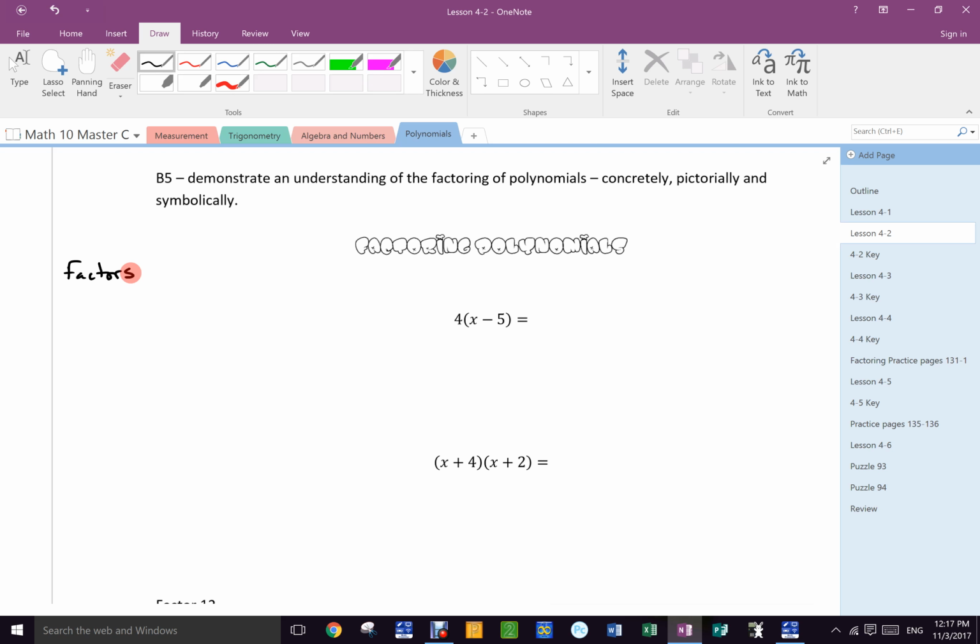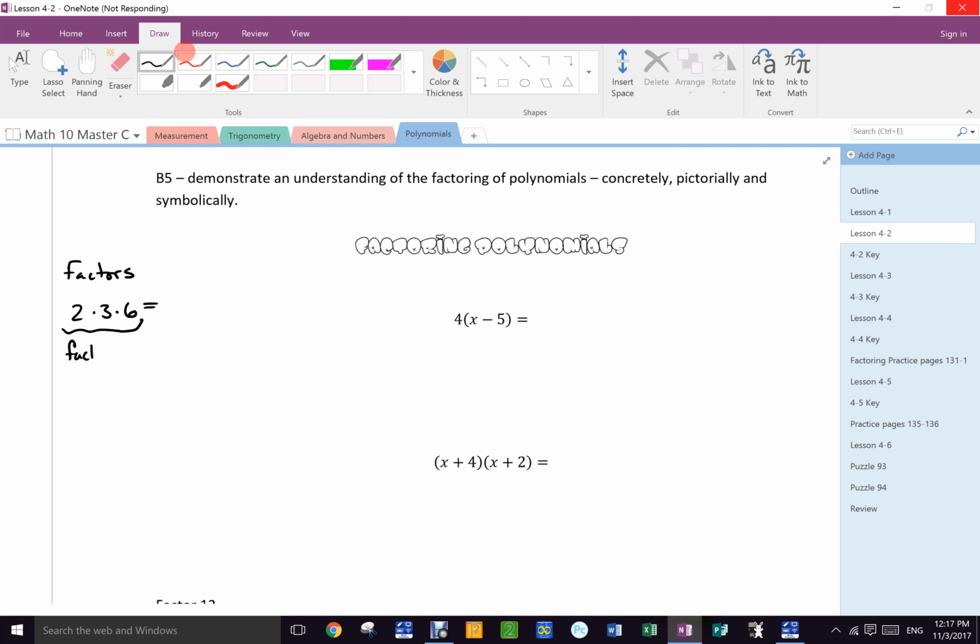Factors are simply any, at least two things that are multiplied together. So if I were to write 2 times 3 times 6, those are all factors. If I actually multiply them together, of course, I get the number 36. And they are indeed factors of 36.